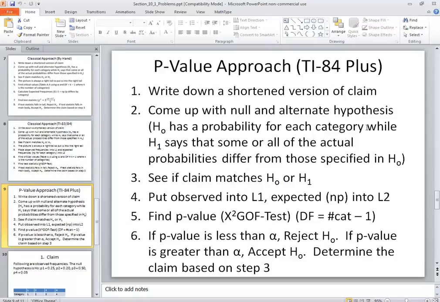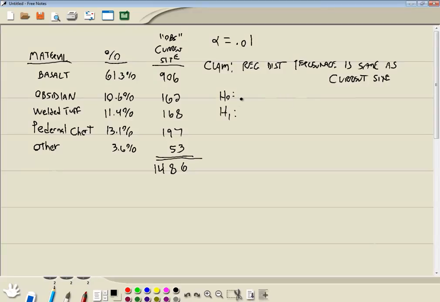H0 has a probability for each category. So this is going to say that P1 is equal to 0.613. P2 is equal to 0.106. P3 is equal to 0.114. P4 is equal to 0.131. And P5 is equal to 0.036.